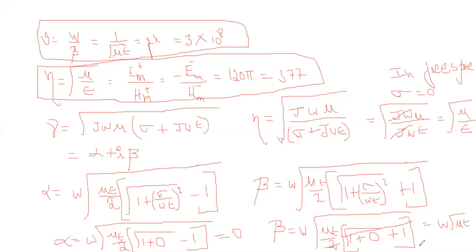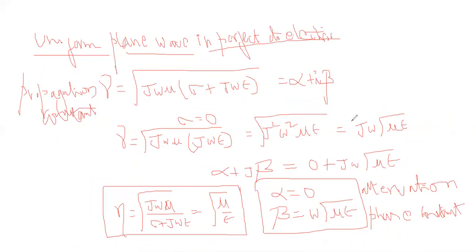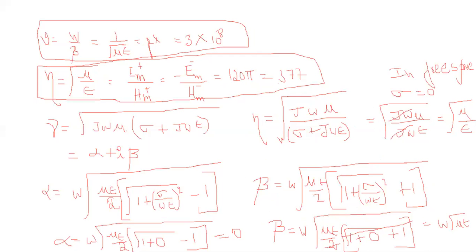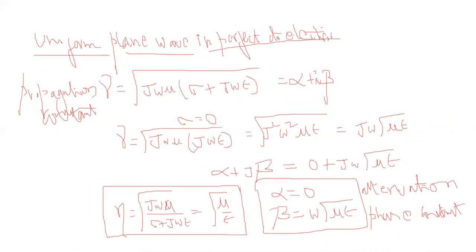When we take the propagation constant, the square root of j omega mu (sigma plus j omega epsilon), and substitute sigma equal to 0, gamma is j omega under root of mu epsilon. What is alpha here? Alpha is 0 and beta is equal to omega under root of mu epsilon, the phase constant.